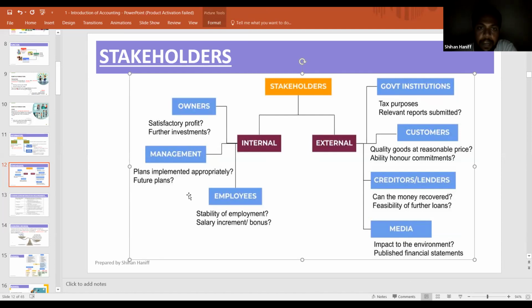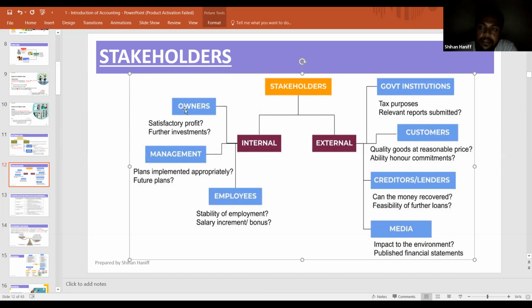From that information, the employee makes his economic decision. Then he will decide whether to stay in this business or move to another company. Other information he requires is the salary, the bonus, the incentive. Based on that information, he will make his economic decision.